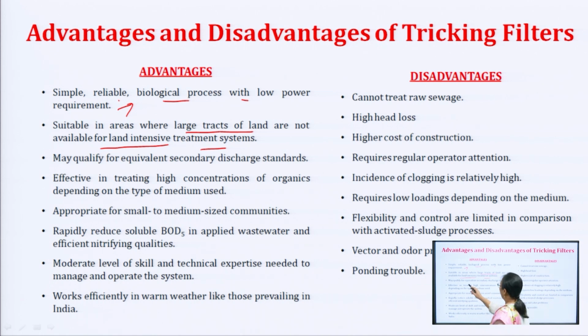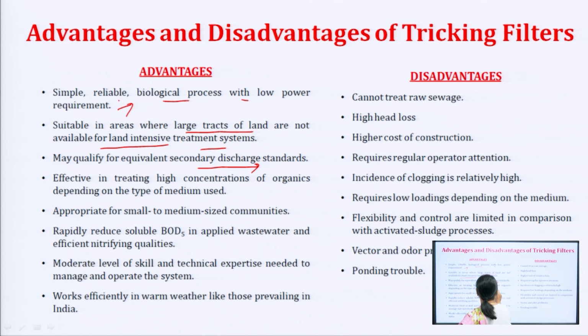Then may qualify for equivalent secondary discharge standards. The effluent of a trickling filter, most of the time from low rate trickling filters, is very good and can be discharged directly to a river also. They have got very good discharge standards.